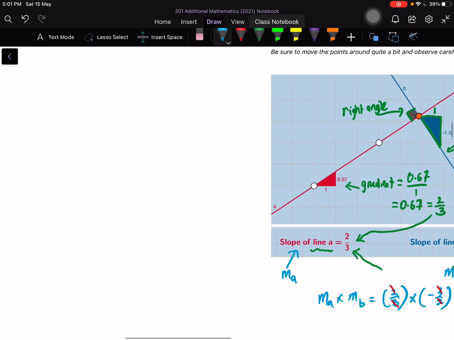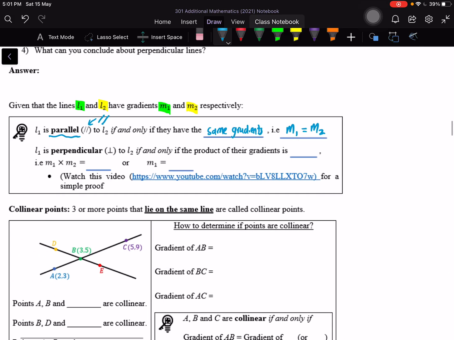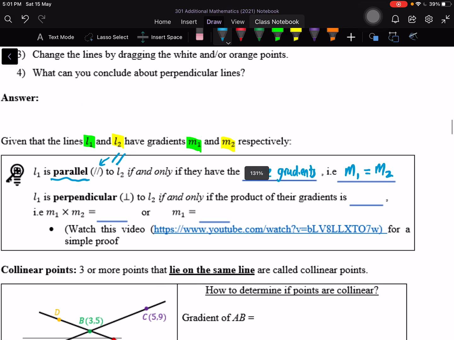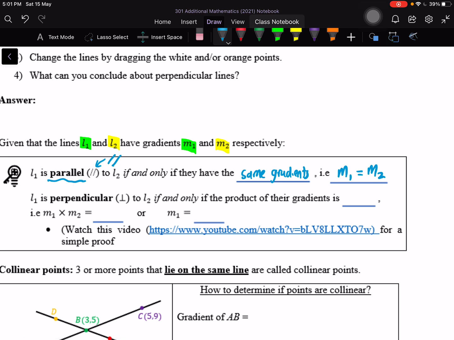So this is the property of perpendicular lines. L1 is perpendicular to L2, and the symbol that we use is over here. How do we know that they are perpendicular? If and only if the product of their gradients, where product means multiply or times, is negative 1.